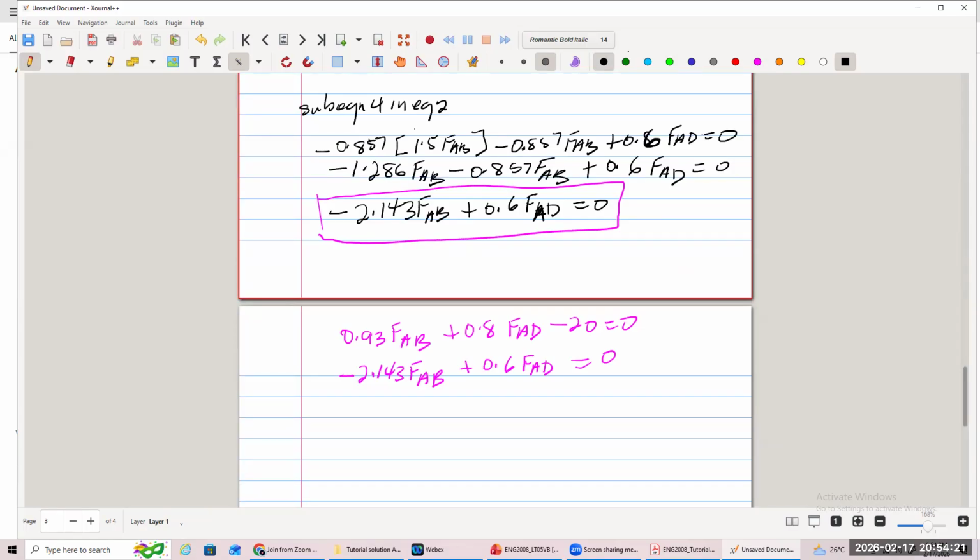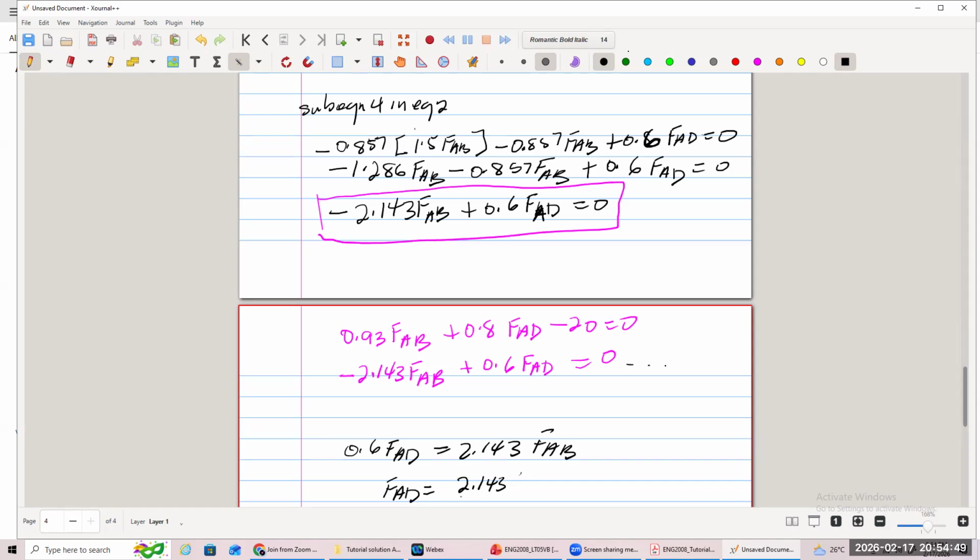If you were to transpose AD in the last expression here, you would get 0.6 FAD equals 2.143 FAB, and you transpose FAD equals. It's lengthy, I will admit that, guys, and there's no other way around it.